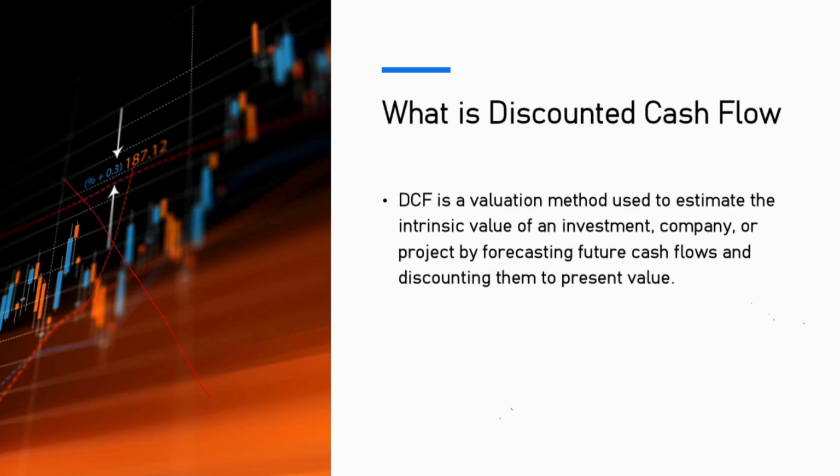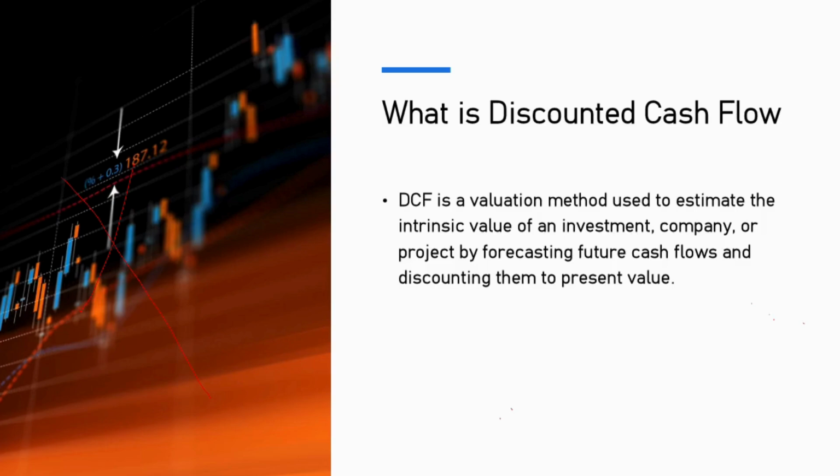What is cash flow? First of all we need to know what cash flow is. Cash flow means how the company's cash is flowing through its financial activities, its operations, and so on. The cash flow we use is free cash flow. We need to forecast the free cash flow.